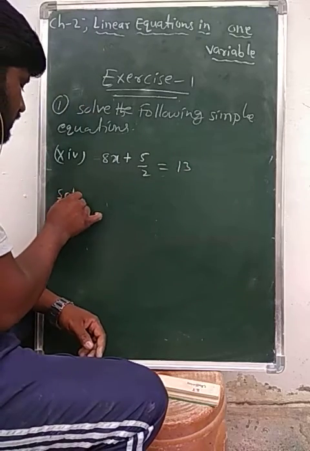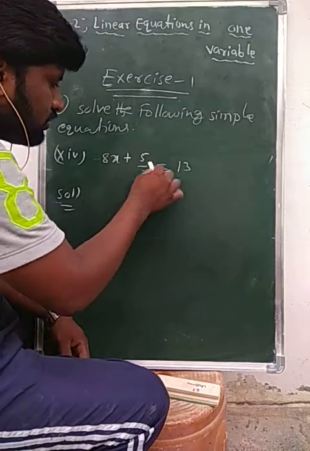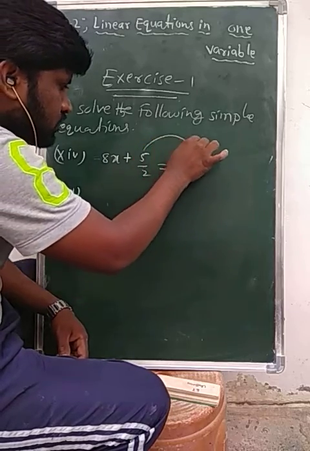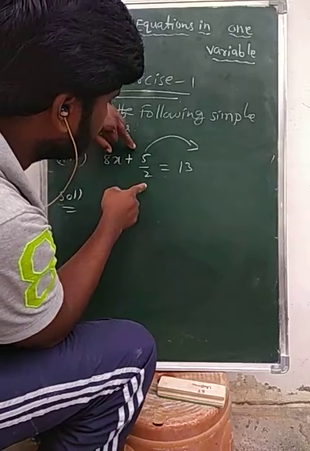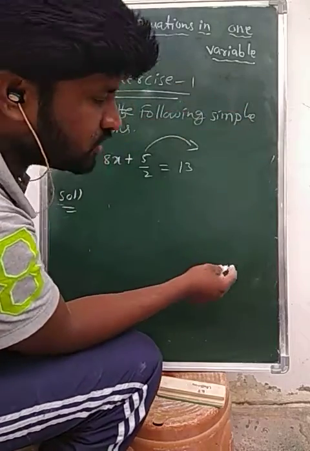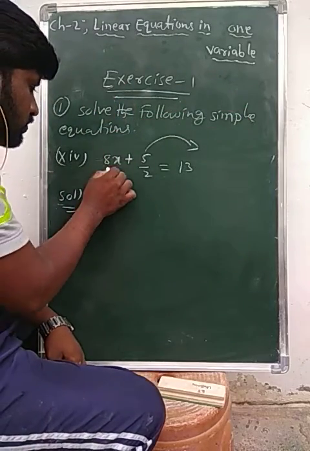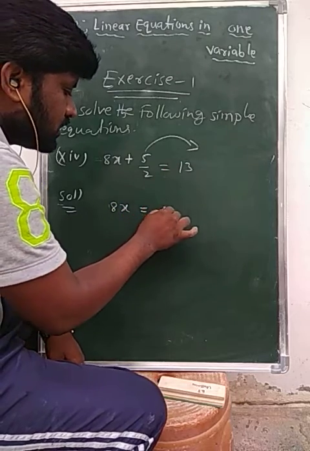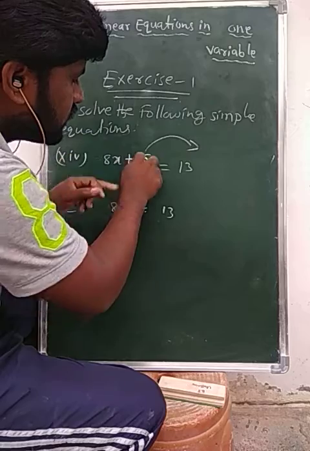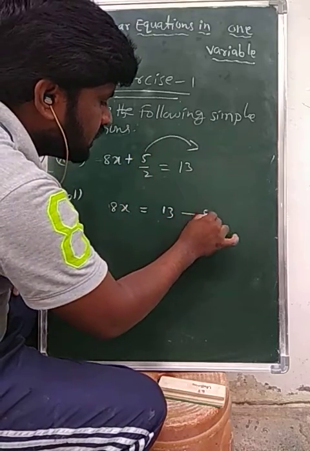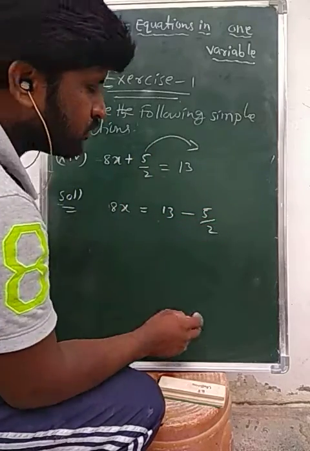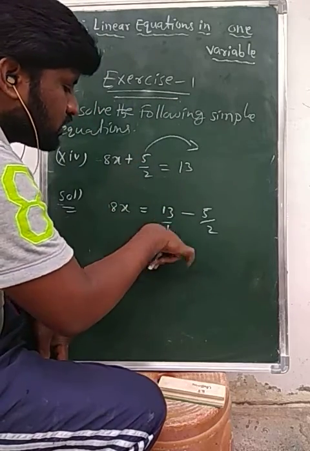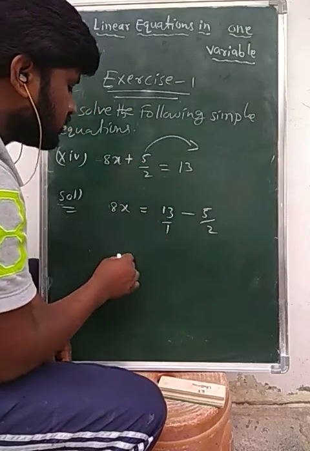So what I am doing here, first of all I am going to transpose 5 by 2 from LHS to RHS. Here in the LHS part, what remains? 8x equals here 13. This plus 5 by 2 transposing to the RHS side becomes minus 5 by 2. Plus quantity becomes minus quantity. We can write 13 as 13 by 1 also.